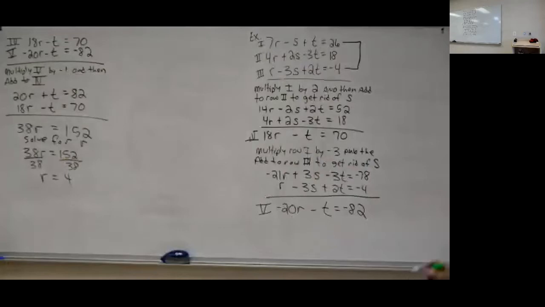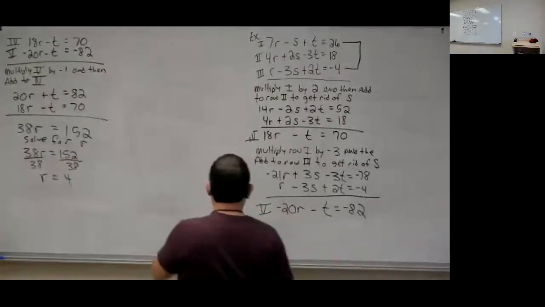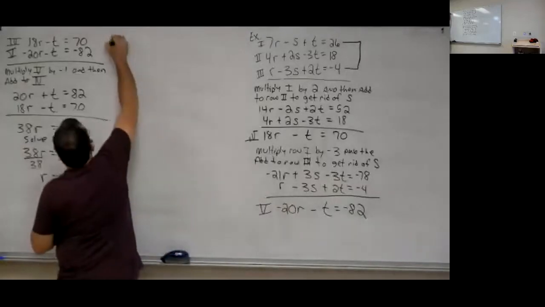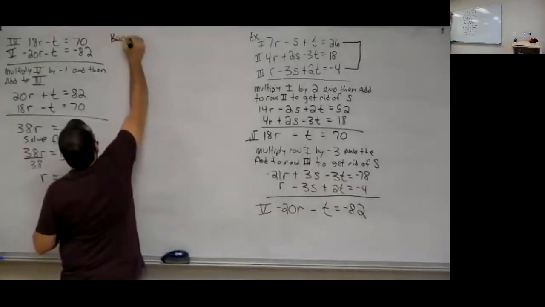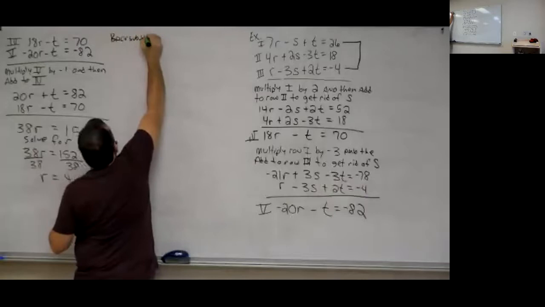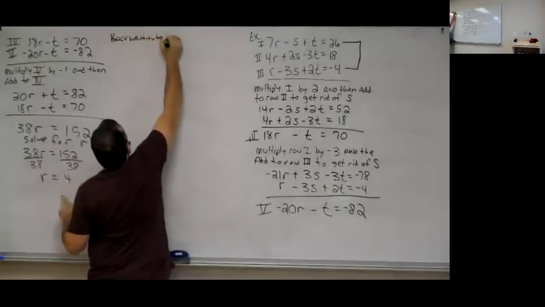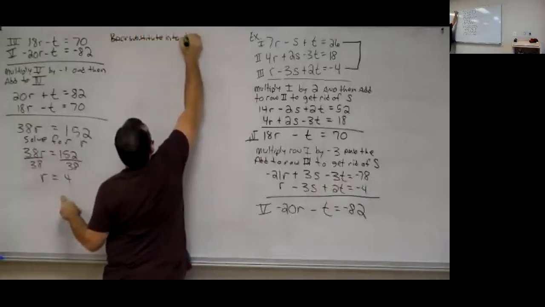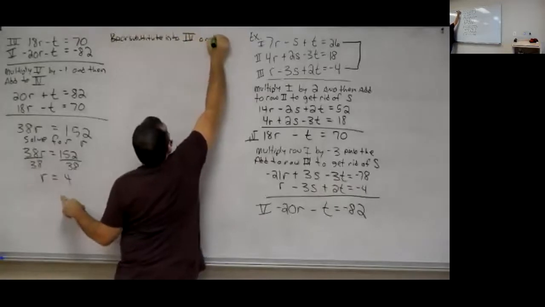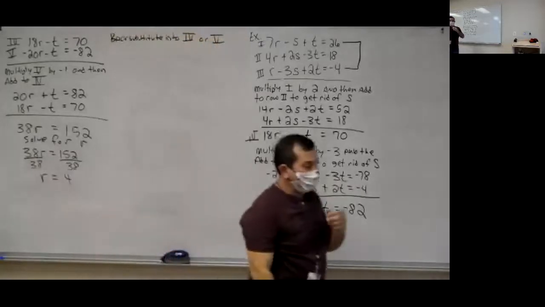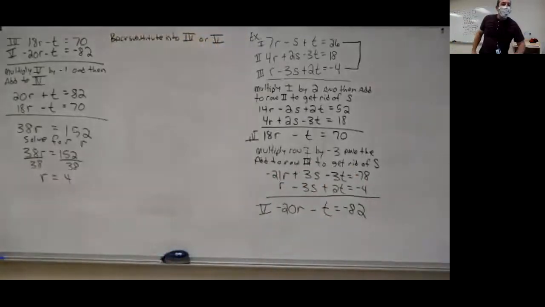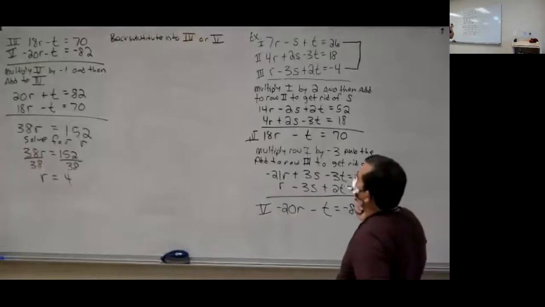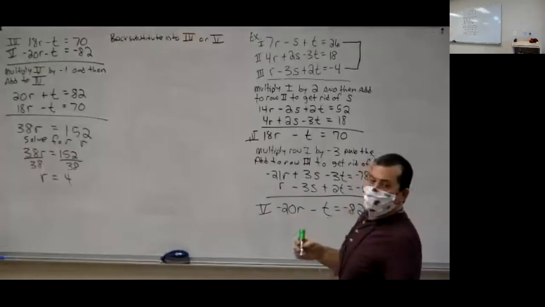So now I got to back substitute into 4 or 5 and solve for their variables. So now we're going to back substitute into 4 or 5. So let's see. I'll probably do 4 because it's got a positive 18R.